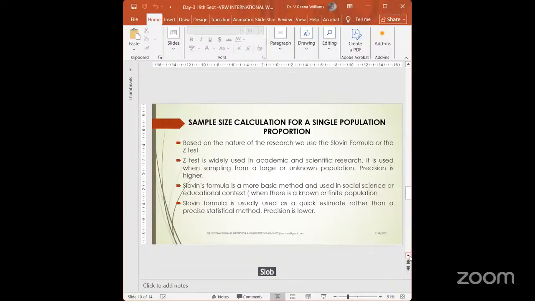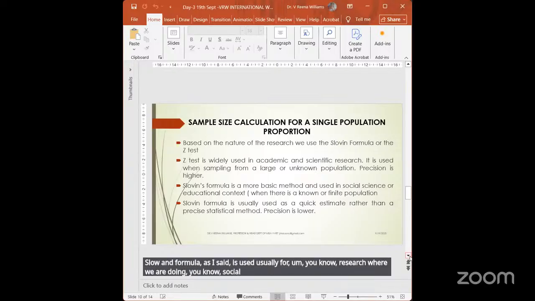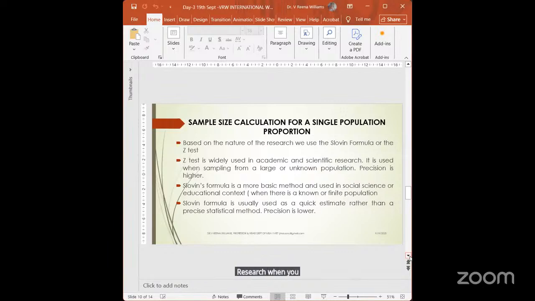The Slovin formula is usually used for social research, in social sciences like law, management studies, psychology, sociology, economics. These all usually use the Z-test because it is more widely used, since the population is usually huge. That doesn't mean you don't use the Slovin formula.